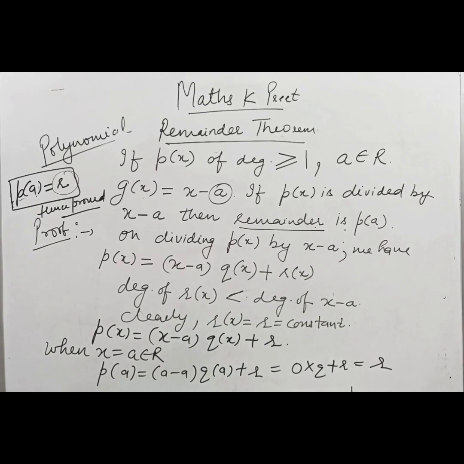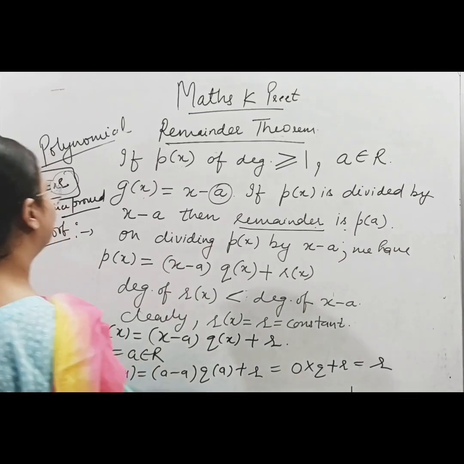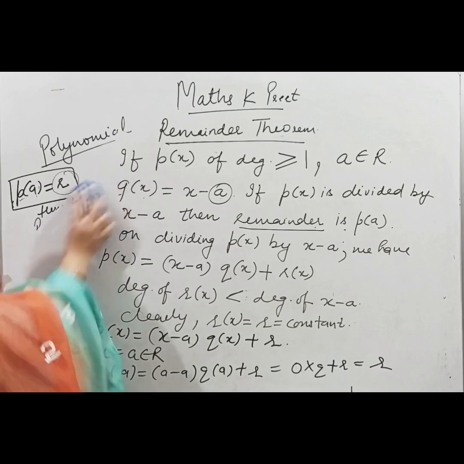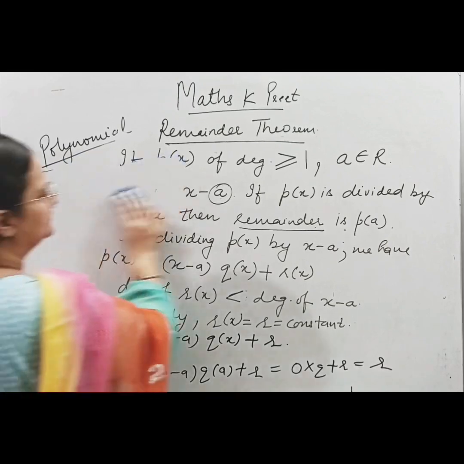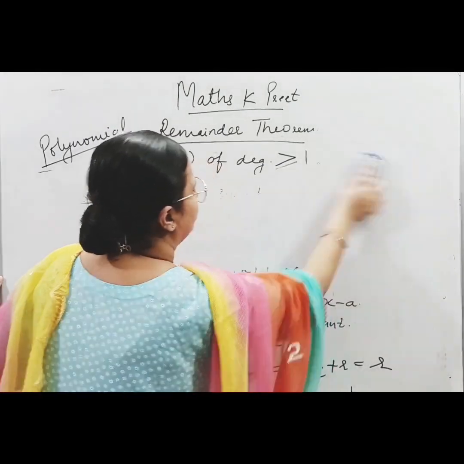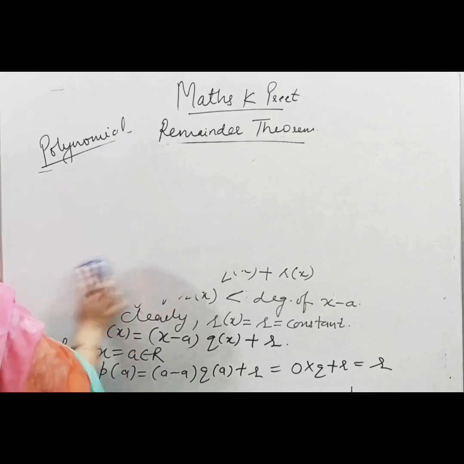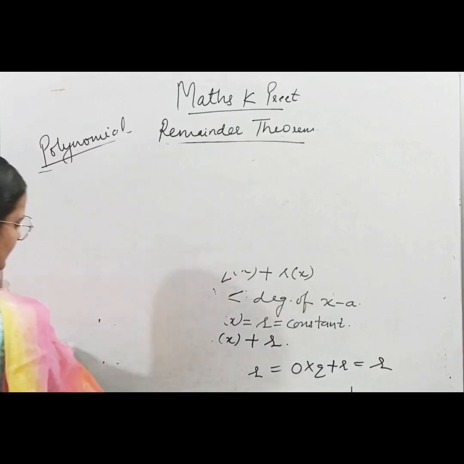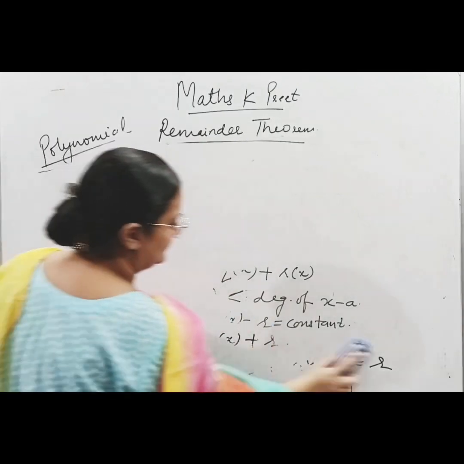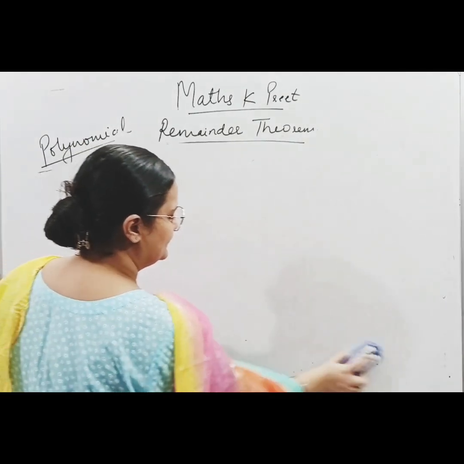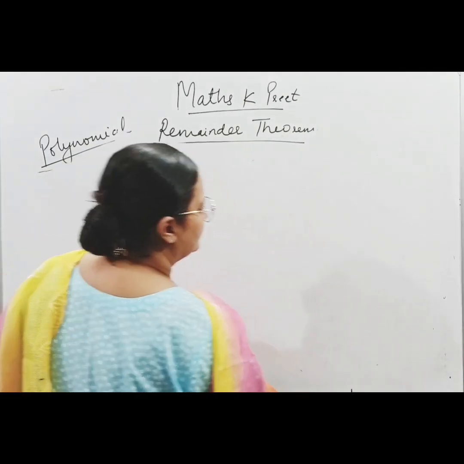Hope you understood. So let's move to the question related to the remainder theorem. If we have two polynomials satisfying the conditions that the degree of the dividend is greater than or equal to 1 and the divisor is linear, we can directly write the remainder.